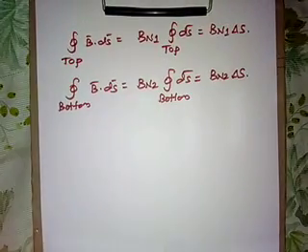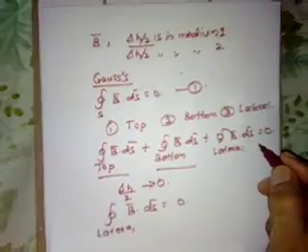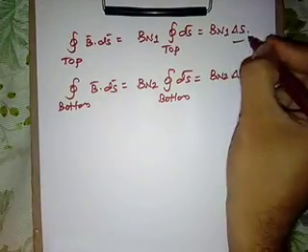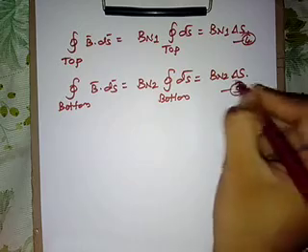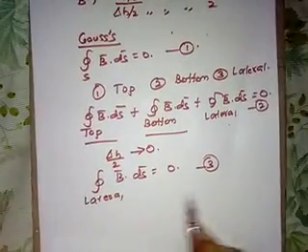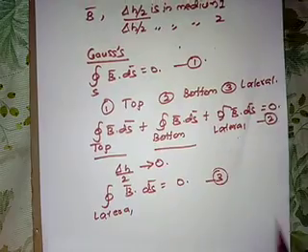So let us consider this equation as 2, this is 3, this is 4, and this as 5. If we substitute equations 3, 4 and 5 in equation 2, the main equation, what do we get?